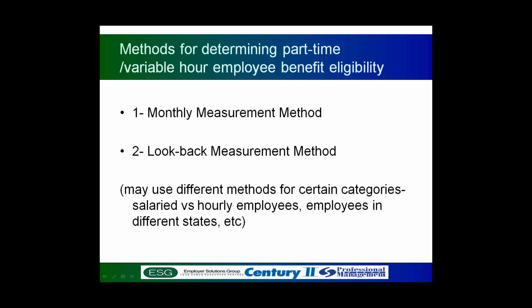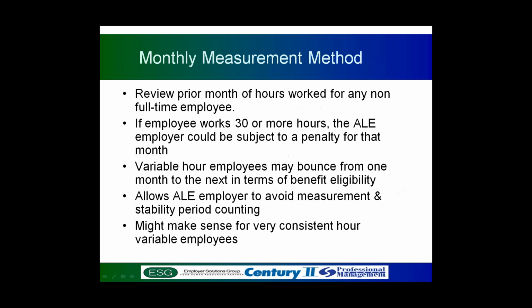And this is probably the least common, but briefly, this may be a logical way for a company that has very defined work hours and has very few part-time variable hour employees. And essentially, in this scenario, an employer looks back at the prior month to determine if the employee worked an average of 30 hours a week.